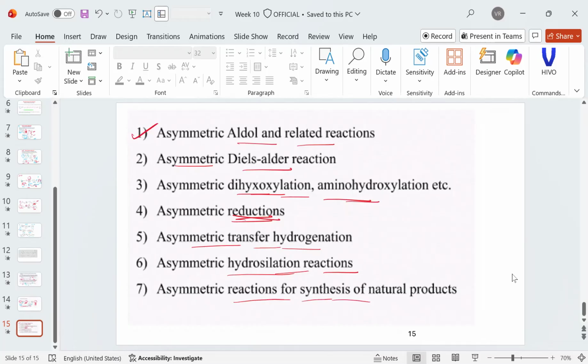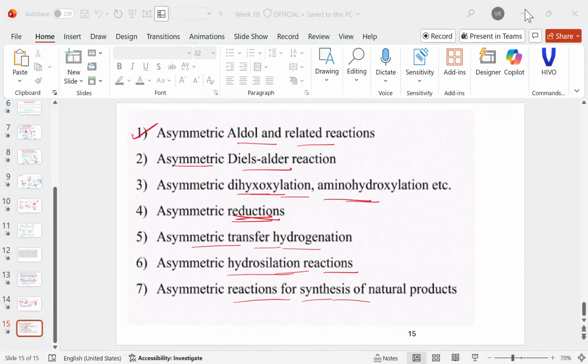So these are some topics you can have a look at and get an overview of. I will upload the PDF of some of the books, so you can refer to that.